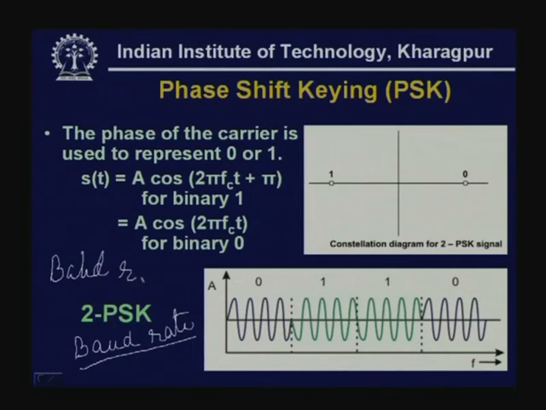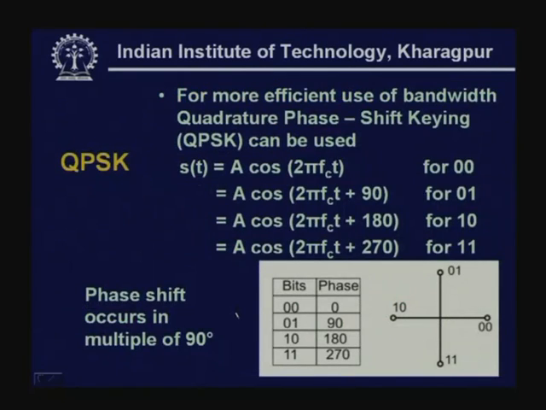Baud rate is the same as the data rate. Why? Because you can see here, for one data bit we are having one signal element, for another data bit we are having another signal element. That is why baud rate and data rate are the same. But in this particular case that is not true.